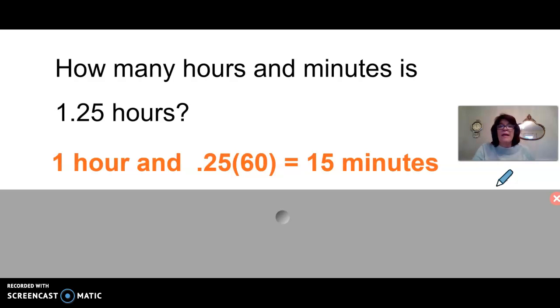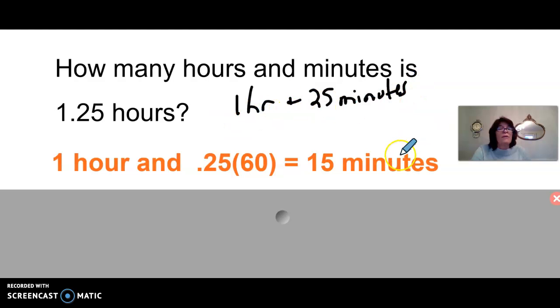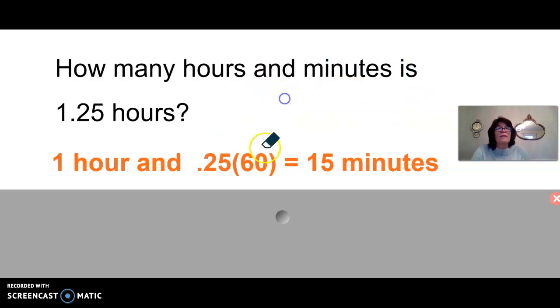You know how we have an hour, which is divided up into minutes, which is divided up into seconds. So I can either say 1 1/4 hours, or I might want to say 1 hour and how many minutes that is. That's not 1 hour and 25 minutes, right? An hour and a quarter is not 1 hour and 25 minutes. What you have to do is figure out 0.25 of an hour.